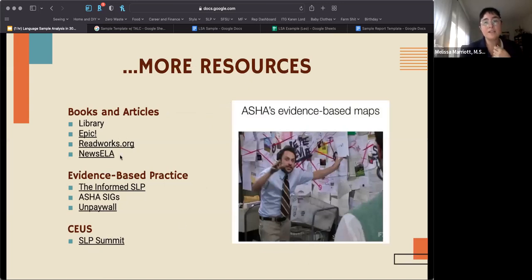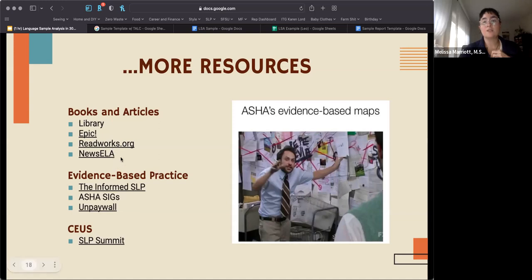Okay. Lastly, just a few helpful things. Books and articles for narrative language samples or retells or things like that. I love my school library in addition to the public library. Epic is an app. If you're not familiar with it, you sign up with your education email address and have free access to a decent sized library of books, some of which are super popular type books.